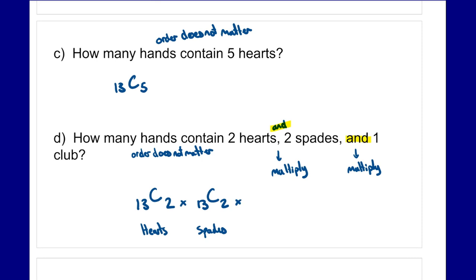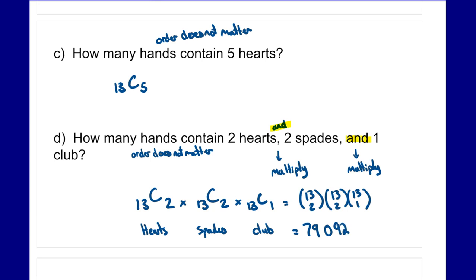Multiplying by 13 clubs, choosing 1 of them. If you don't like this notation, you could write 13 2 times 13 2 times 13 1. Just keep in mind it's not a fraction. It's just a different way of writing the notation. And this would work out to 79,092 hands.